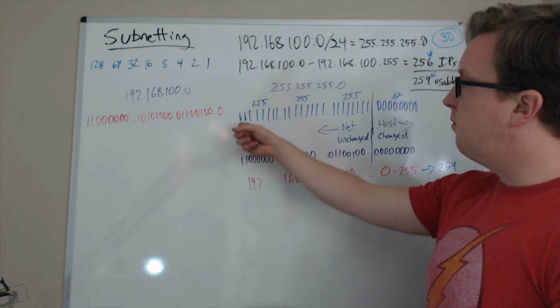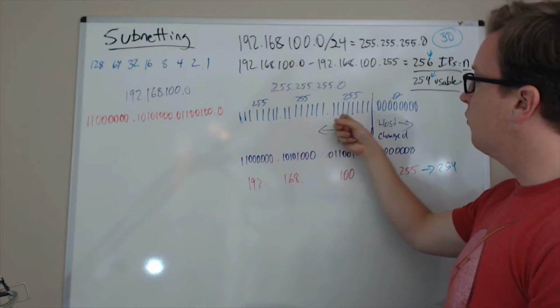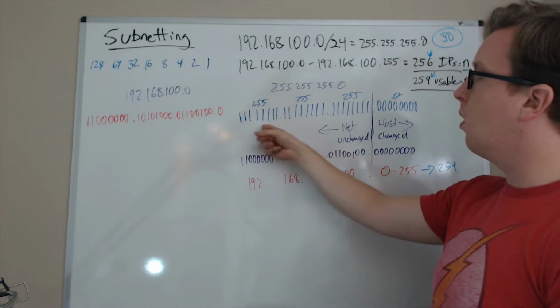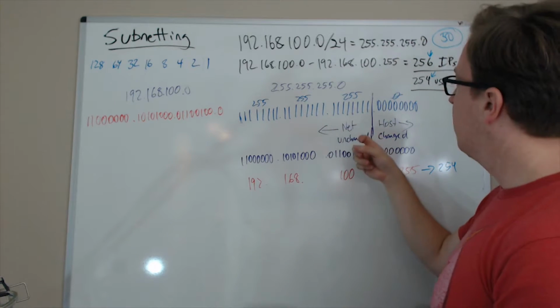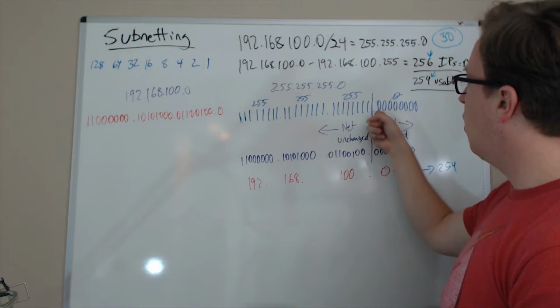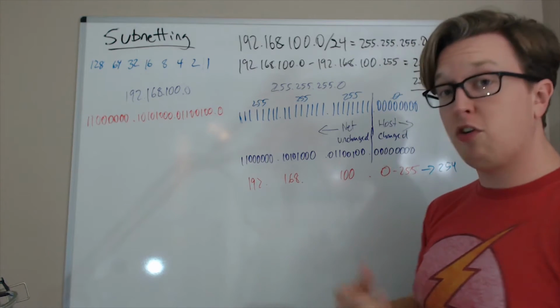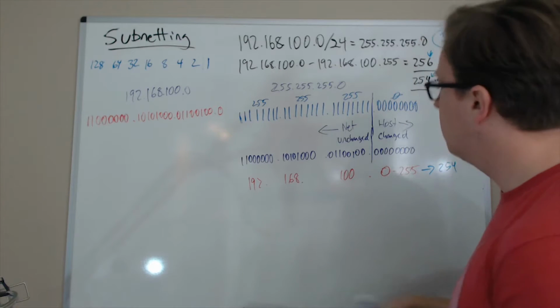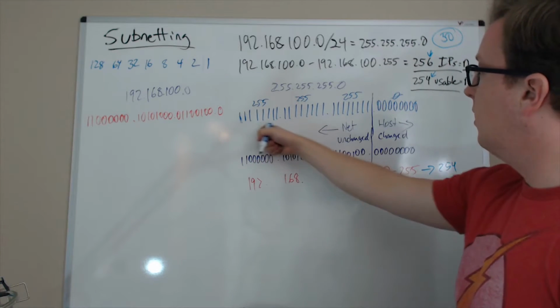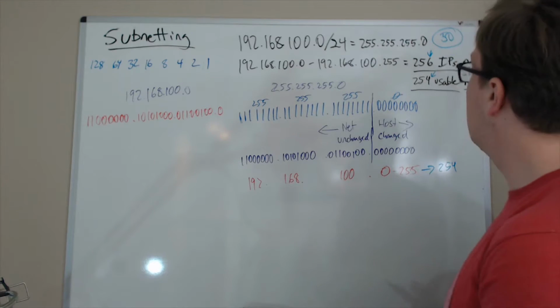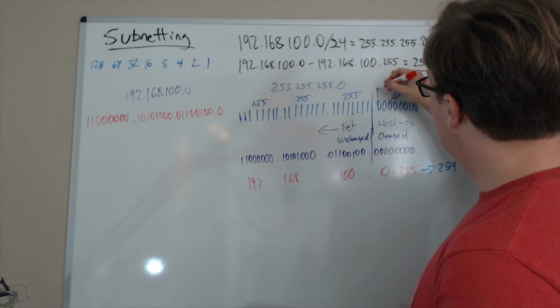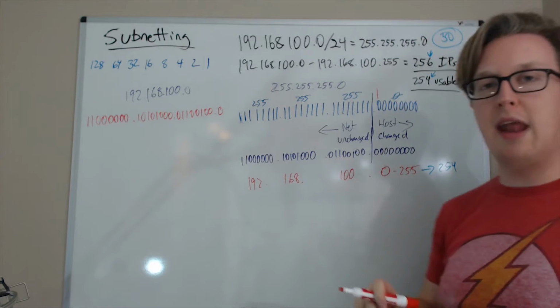As I mentioned before, wherever the ones are in the binary of our subnet mask is where the network is. So why don't we just turn on the next one? Instead of this, we can turn this guy on and move the network over a bit.